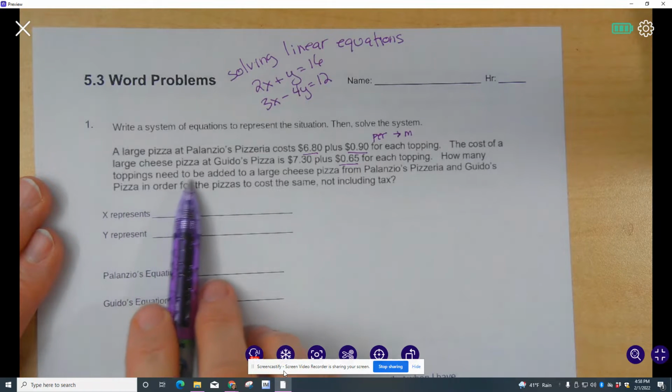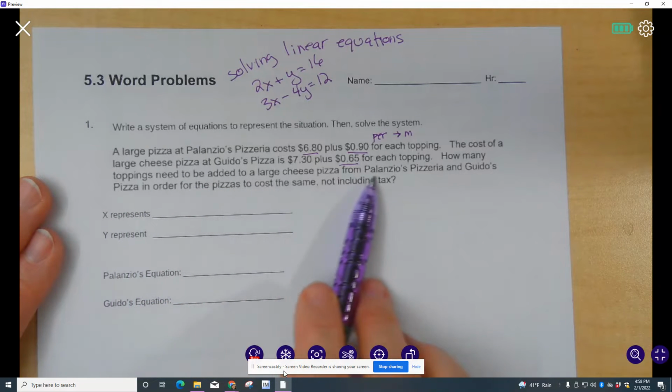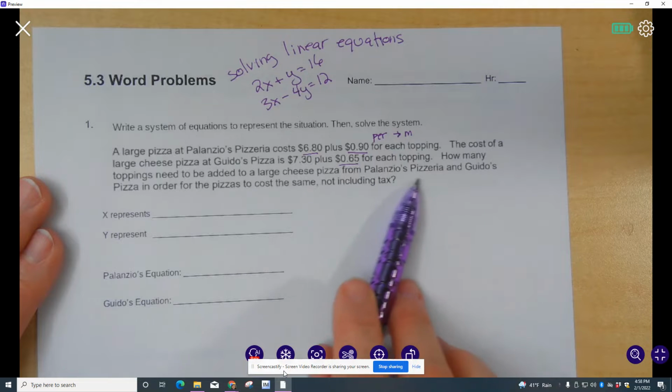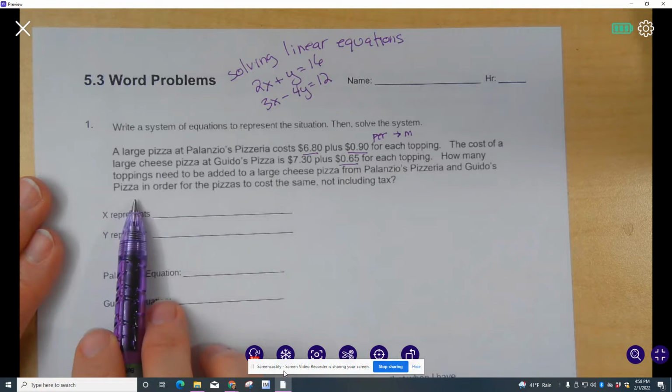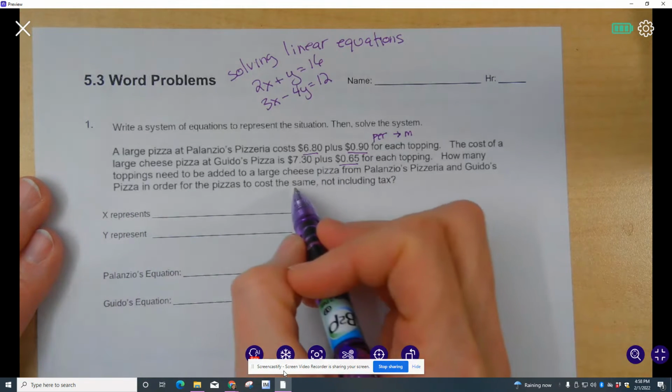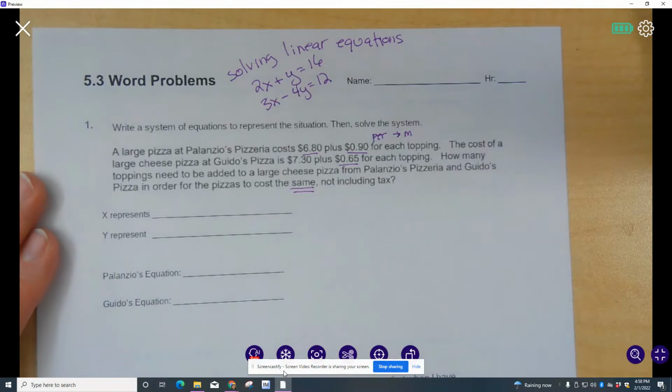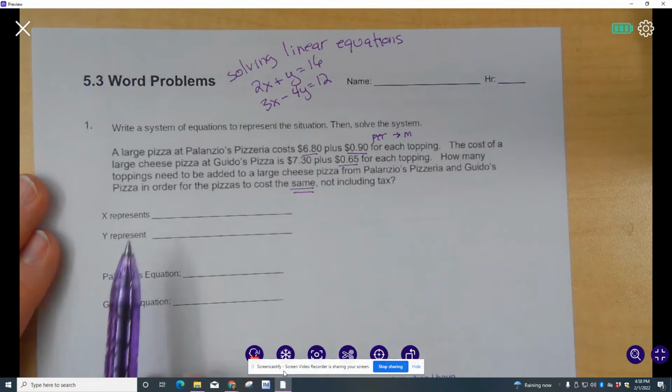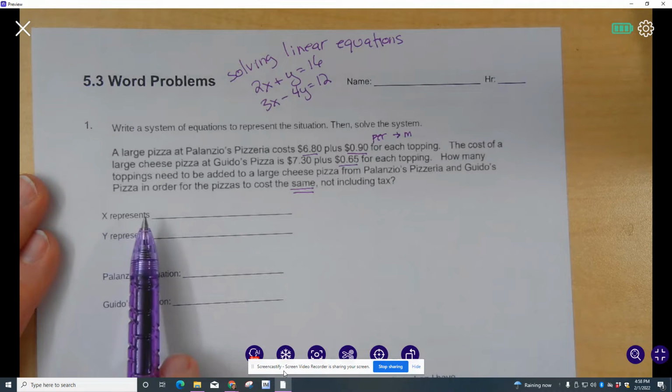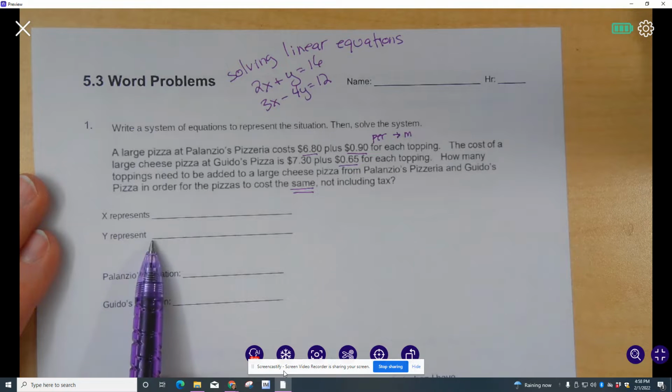So how many toppings need to be added to a large cheese pizza at Palazio's Pizzeria and Guido's Pizza in order for the pizza to cost the same? Now in all of these problems, there are going to be two things that you're referring to. In this case, they are the cost of the pizza, and what determines the cost?